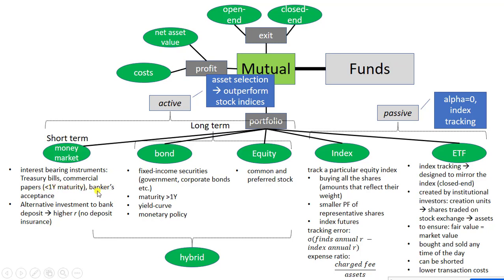It can be bankers' acceptance, so at the end of the day they can make the bank deposit on their own, just not in the retail market but in the wholesale market, and that's why it can pay you higher interest, and it's much more flexible because you can buy it and sell it immediately at any time. You don't have to wait until some expiration date, and obviously there is no deposit insurance behind it.